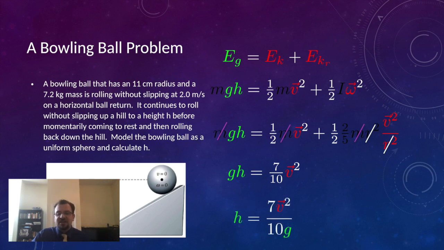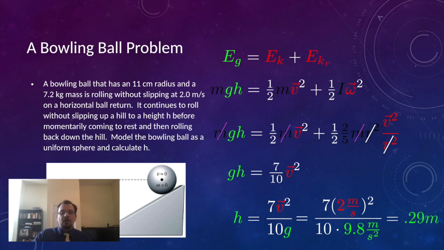So h is going to equal 7v squared divided by 10 times g. Plug some numbers in there, and what we end up with is 0.29 meters. So again, that moment of inertia of the ball and the rotational motion of the ball ended up changing how high that ball ends up going up the ramp.